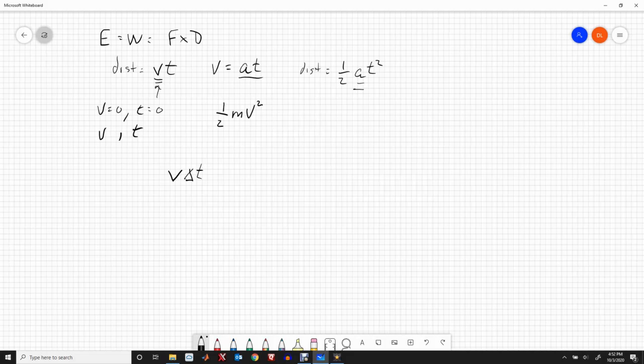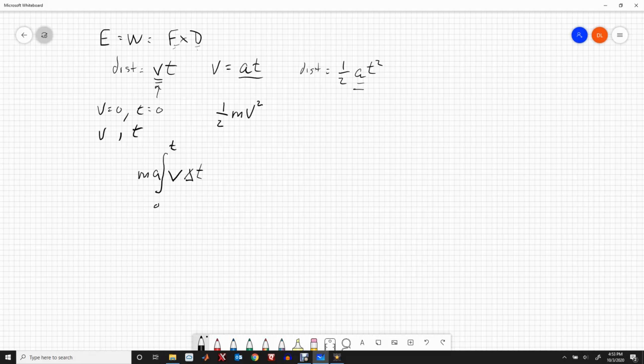And the force part would be equal to ma, and m is constant and a is constant. And remember, we chose as our test case to have constant acceleration. So we can integrate from time 0 to time t to find out the energy in this object.